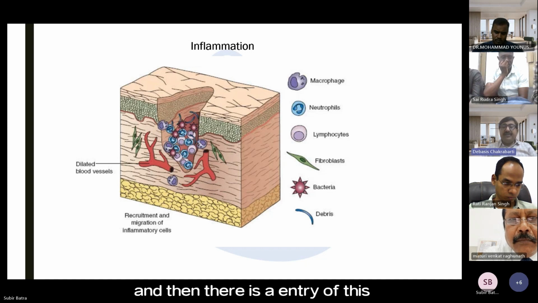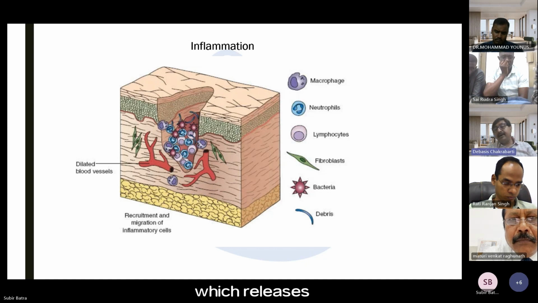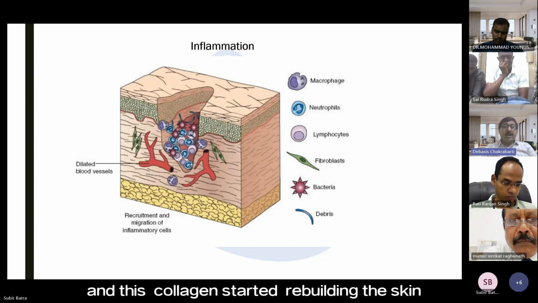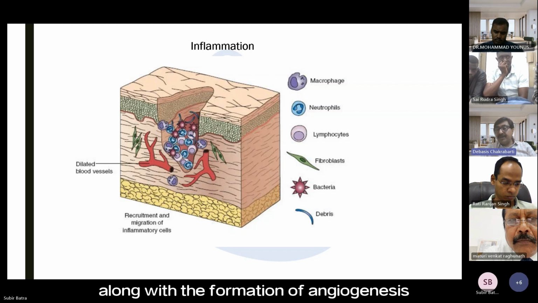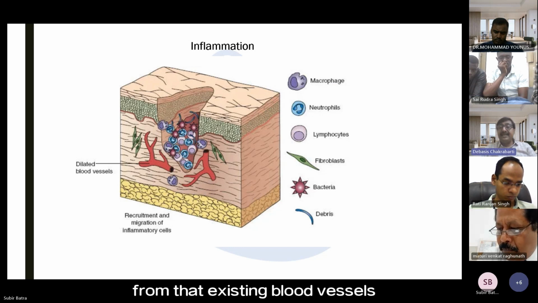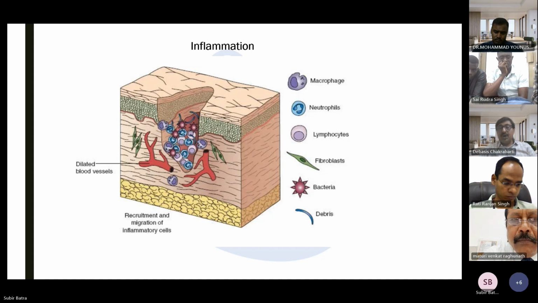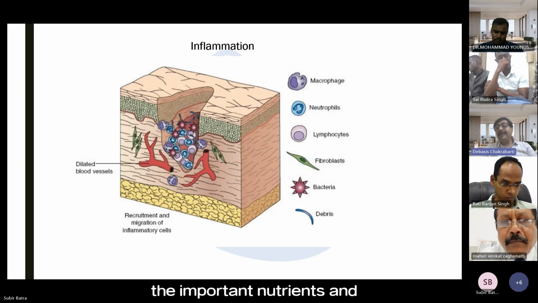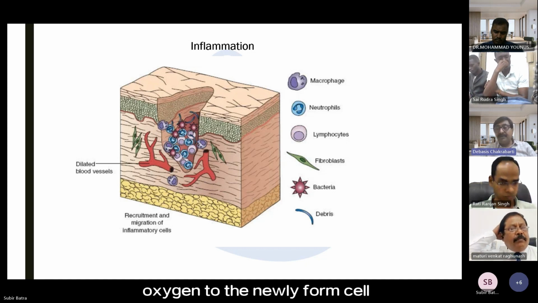And then there is an entry of the cell called fibroblast, which releases nascent collagen, and that process is known as neocollagenesis. This collagen starts rebuilding the skin along with angiogenesis. Angiogenesis is basically the formation of new blood vessels from the existing blood vessels, so it can supply the important nutrients and oxygen to the newly formed cells.